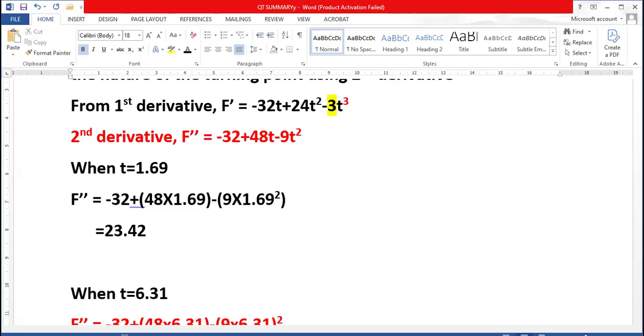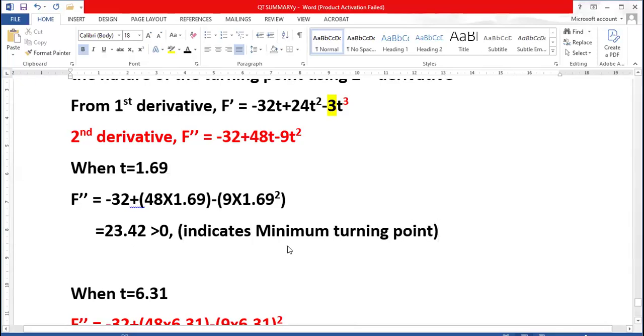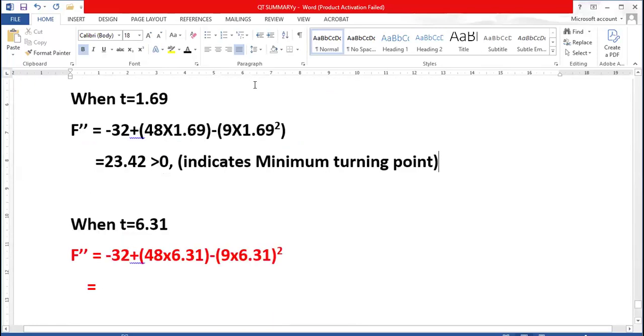So this is above 0, which is greater than 0. So what does this one mean? This indicates minimum turning point or maximum? This indicates minimum. That's what we said, isn't it? The value is above 0, so that is minimum turning point, which we don't want.